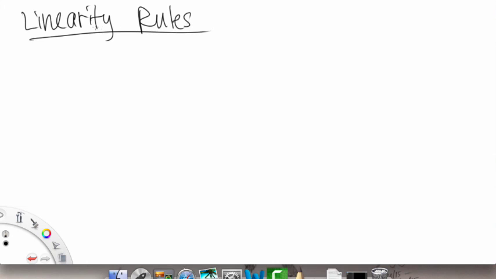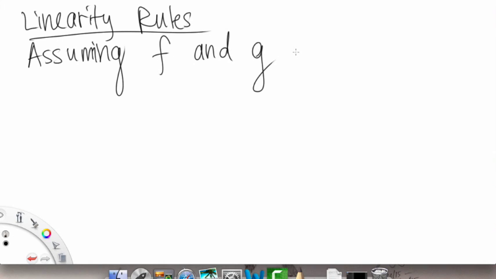Alright, now for some linearity rules as far as differentiating goes. First of all, for all the things we will see below, we're going to assume the function f and the function g are differentiable.